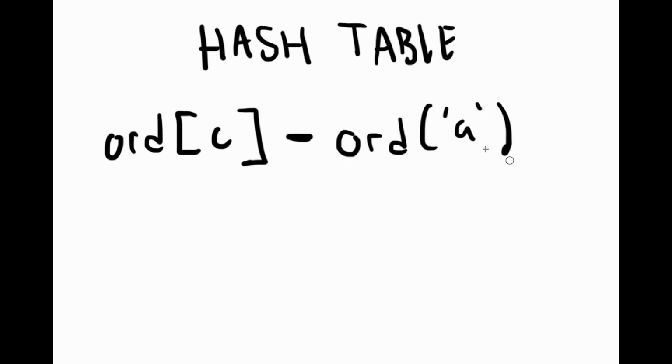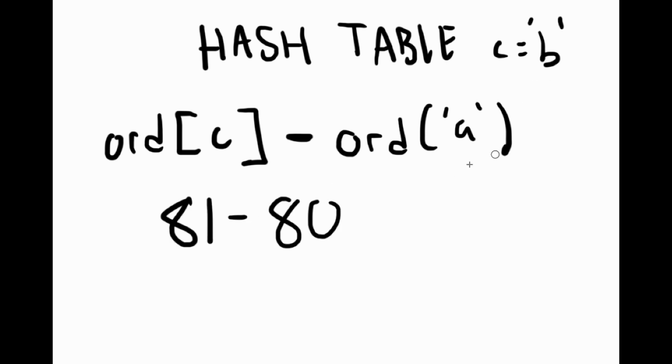And you may be wondering why we would do this, but say A is 80, right? And say the character B is 81. I don't even know if it's 81. I'm not gonna lie, I ripped that from the NeetCode tutorial. But say it was 81, we would subtract it by 80 because B is one ahead of A. So that would just equal 1. That would be our first position in the count array.